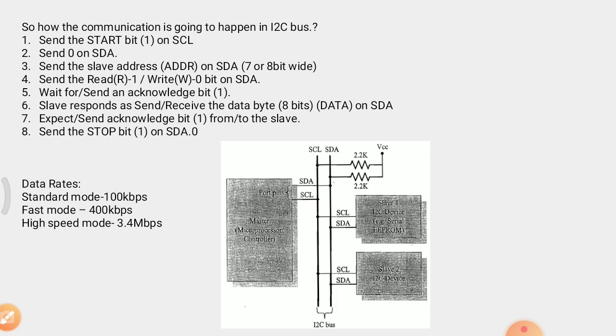And then the master again sends the control signal, that is whether to read or write, on SDA after this 8-bit address. That is, if it sends a single bit 1, then it wants to read from the slave, or if it sends 0, it wants to write the data into the slave.